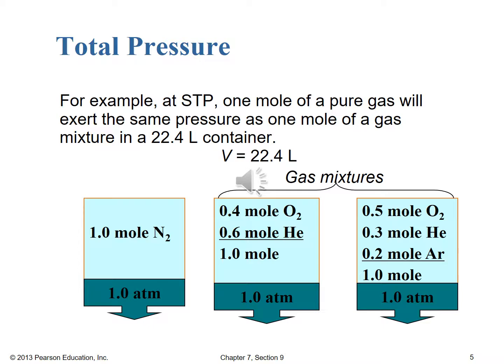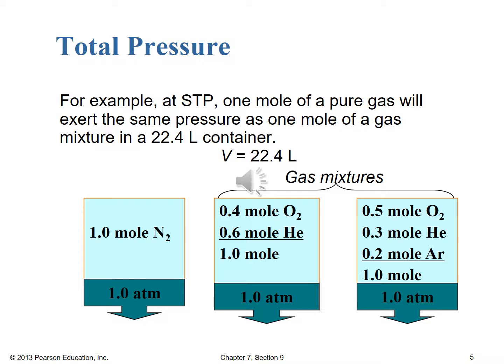And since that value does not depend on identity, it doesn't matter if we have a case like at the extreme left, where we have 1.0 mole of pure nitrogen gas, which would exert 1 atmosphere of pressure for 1 mole of gas. If we had a mixture of 0.4 moles of O2 and 0.6 moles of helium, that's a total of 1 mole of gaseous particles. There just happen to be two different types of components as opposed to the single component in the nitrogen example.